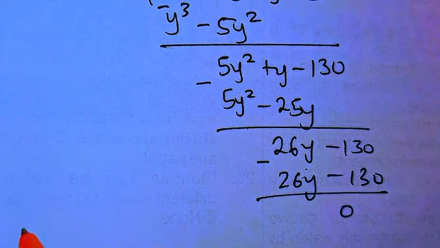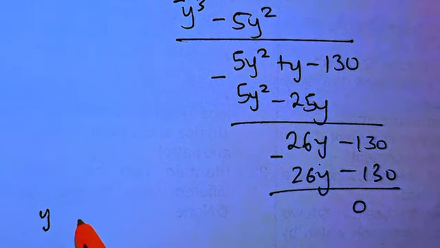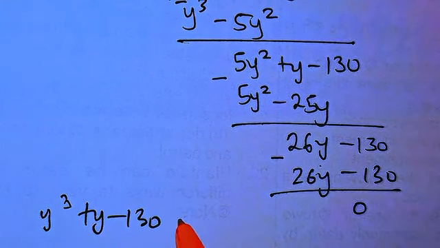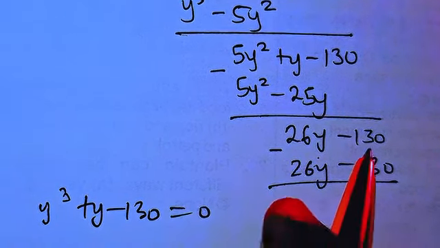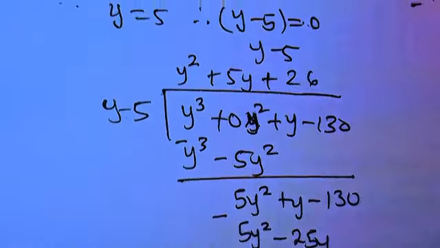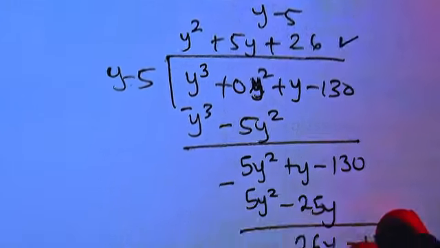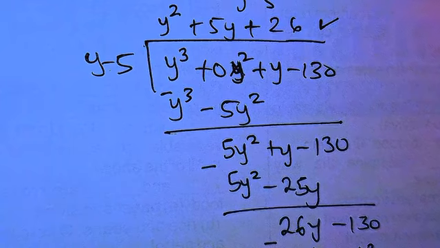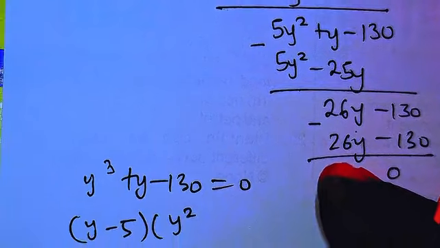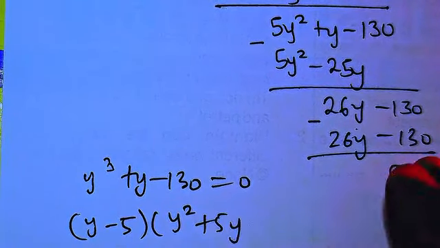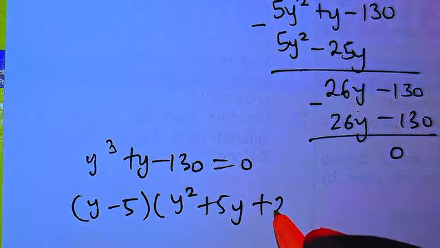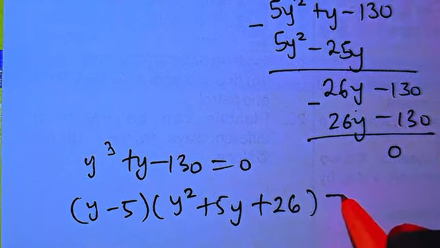So now from there, the next thing we are going to do, it means that we're going to have y raised to power 3 plus y minus 130 equals 0. So we're going to have y minus 5 into bracket, what we have here, the quotient, it will be y raised to power 2 plus 5y plus 26, equals 0.